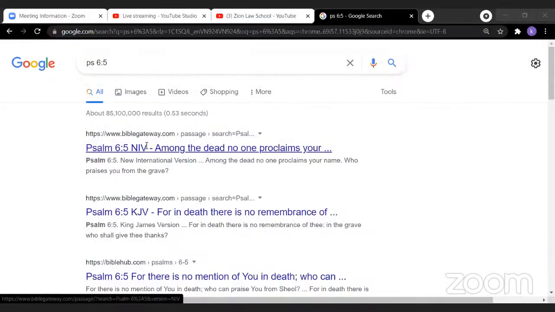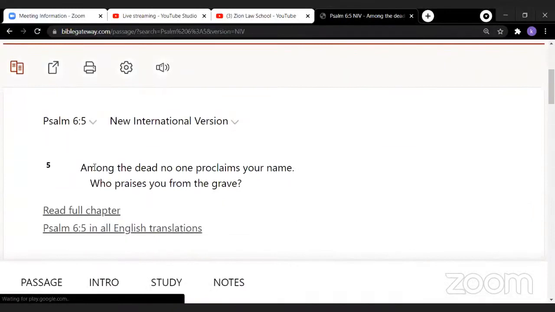According to this. So now let's look up Psalms. What verse was that? Psalm 6:5. Let me look it up real quick. Among the dead, no one proclaims your name. Who praises you from the grave?